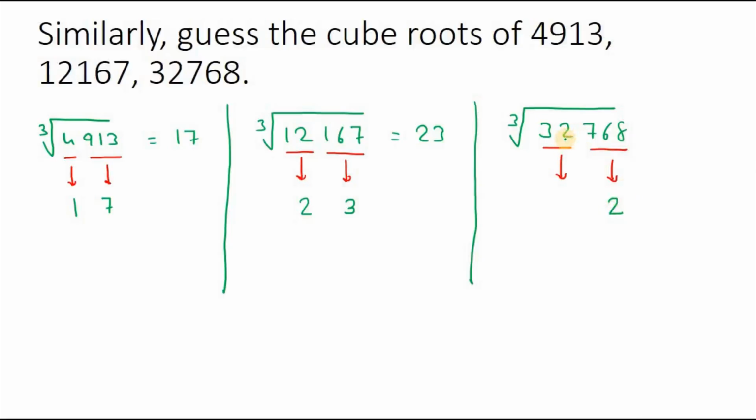And 32 now we have. So 1 cube is 1, 2 cube is 8, 3 cube is 27, 4 cube is 64. 64 is bigger than 32, but 27 is smaller. So I take 3. So the cube root of 32,768 is 32.